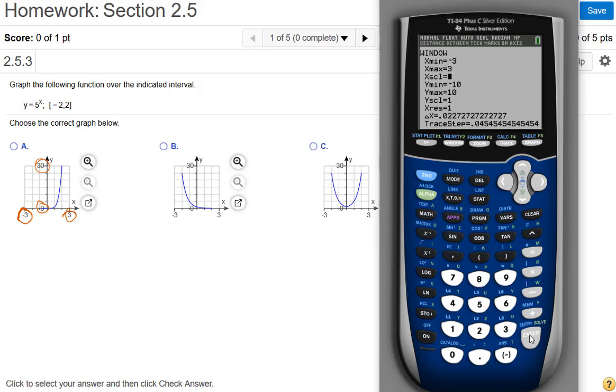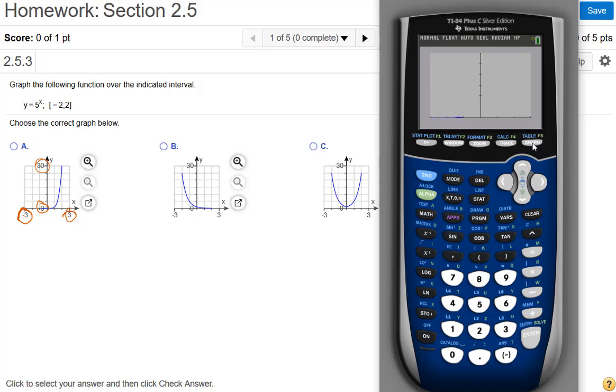Leave the 1 as it is. And then the y's, 0, 30. You can see over on the graphs, the y-axis is marked off in 5, so we'll use 5 for YSCL. Now that is the same as all of the graphs.